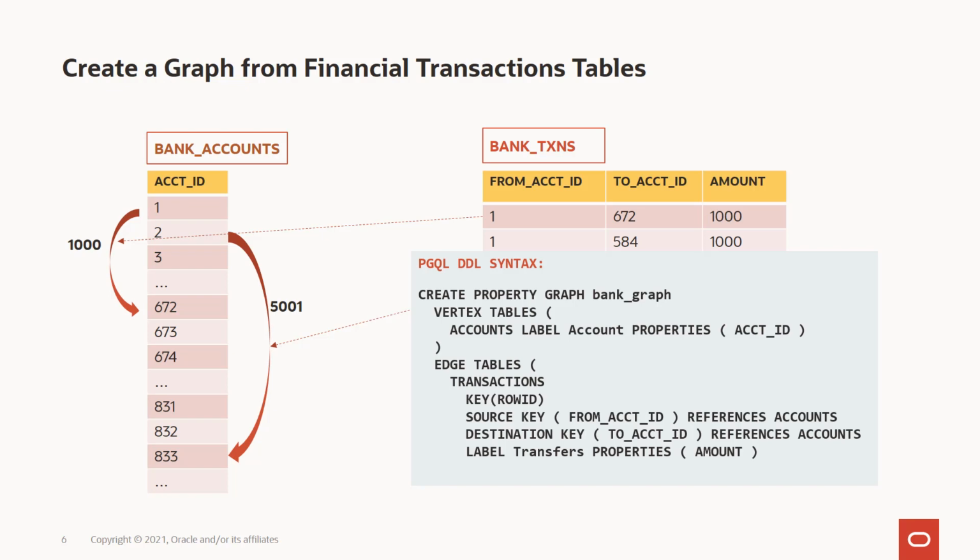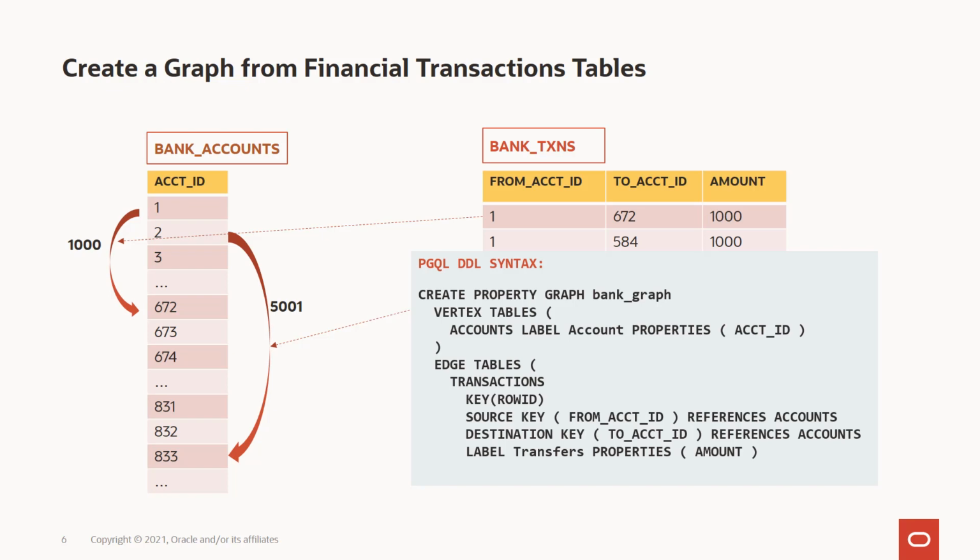Once you specify this information, the graph is created for you. And when you're using the Graph Studio feature of Autonomous Database, some of this can be fully automated. The Graph Studio feature includes a graph modeler that automatically identifies the vertex tables using primary key information and automatically identifies edge tables based on the foreign key relationships between these tables.